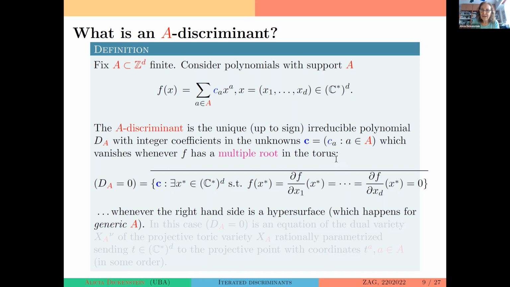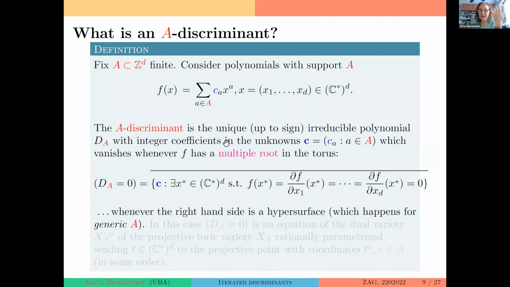So the A-discriminant is the unique, up to sign, irreducible polynomial called dA with integer coefficients. And up to sign, we assume that the GCD of the coefficients is 1, but there are also some arithmetic details that I am disregarding.